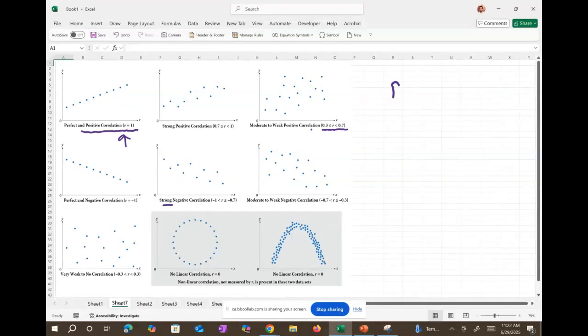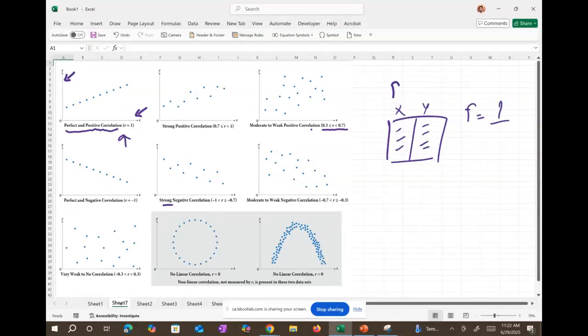If you figured out the R value as 1, that means there is a perfect positive correlation between X and Y values. So these are X values and these are Y values. Whatever data is given to you in terms of X and Y, and you got the R value as 1, it means there is a perfect and positive correlation between X and Y values.